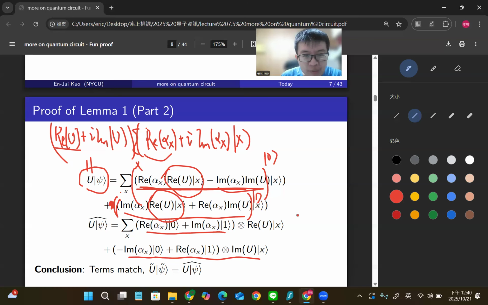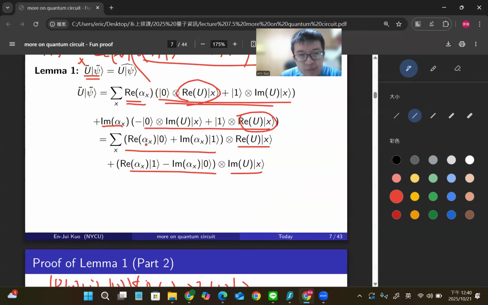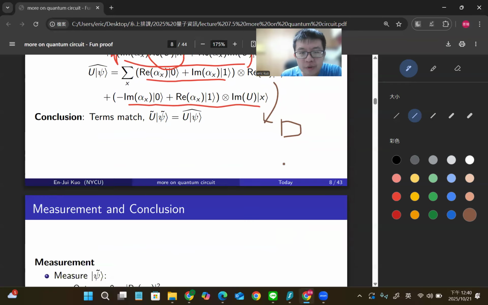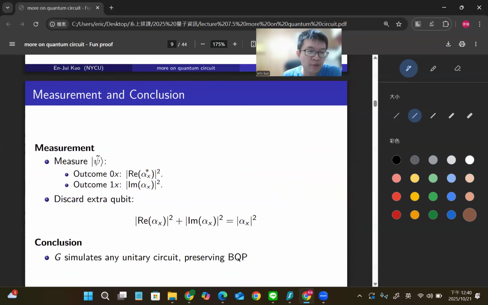If we compare, we get these two are the same: real minus imaginary, real plus imaginary. Nice. That finishes the proof. So for the measurement, if I measure the state psi tilde, I get 0x with real alpha x squared, and I get 1x with imaginary alpha x squared, and I can discard the extra qubit.